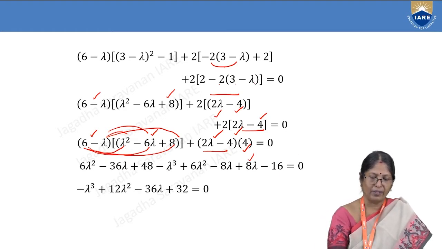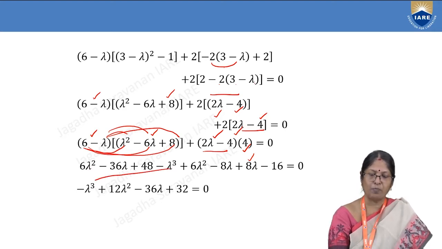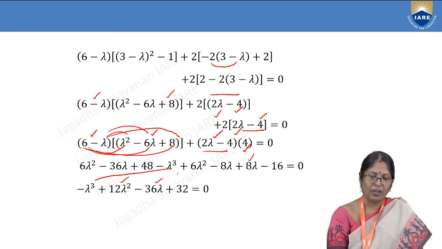So minus this part it has come here. Then 6 lambda square plus 6 lambda square is becoming 12 lambda square minus 36 lambda. If you are seeing 48 is there, minus 16 is there, it is becoming plus 32.